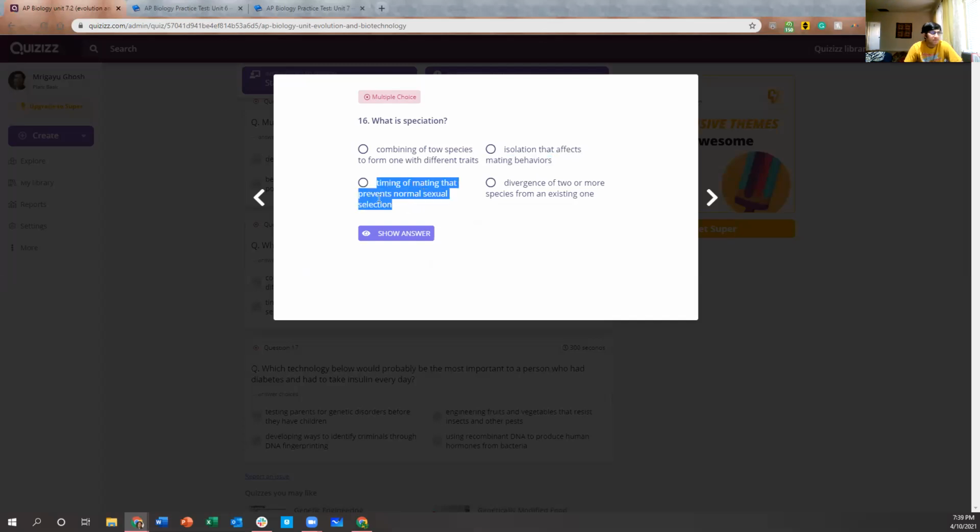Timing of mating that prevents. Okay, I think this would be geographic isolation. This would be temporal isolation. And then this is speciation because it's divergence of 2 or more species from an existing one. So because an existing population, for whatever reason, becomes reproductively isolated into 2 populations that are not able to breed anymore, that leads to divergence. So it would be D.